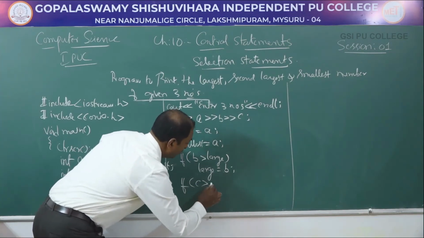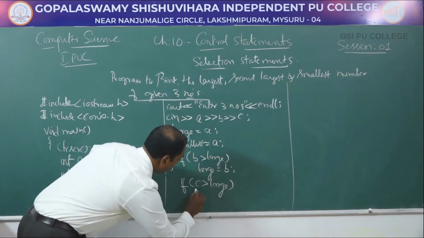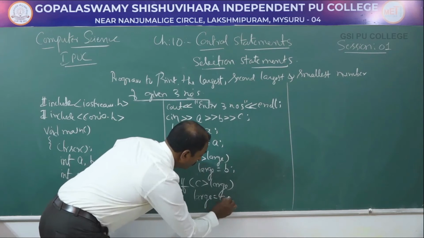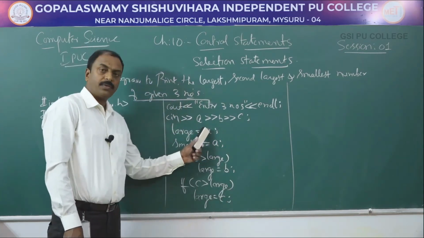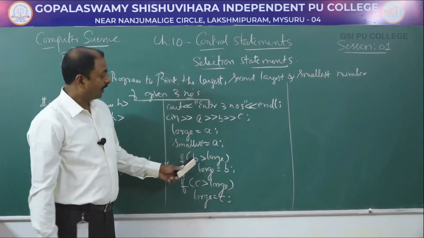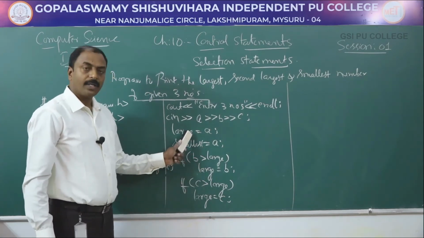If C is greater than large and the condition is true, large equals C. So the first step is we have assumed the first number the largest. Next we are comparing the other two numbers B and C with the variable large.